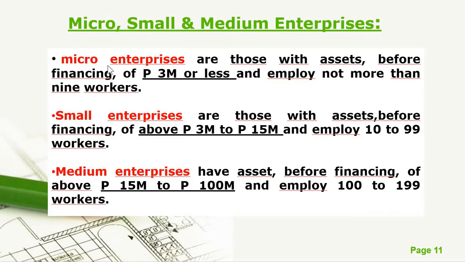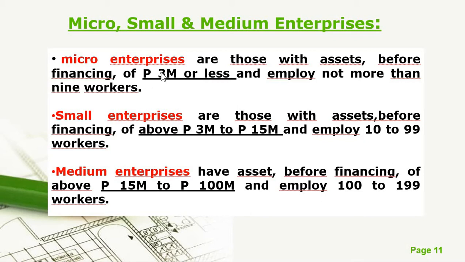So, how do we define micro, small, and medium enterprises? So, you have here, pag sinabing micro enterprises, these are those companies whose assets before financing would reach 3 million or less, and they employ not more than 9 workers. So they are considered still as micro enterprises.